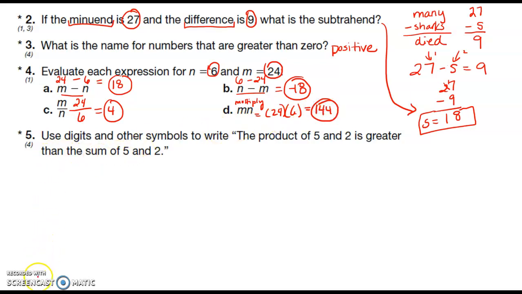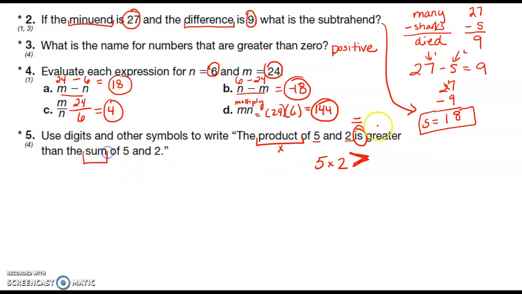All right, number 5. Use digits and other symbols to write the product, so this is multiplication, of 5 and 2. So I have 5 times 2. Is mathematical language for equals. So is greater than, is greater than. So this is going to be, the monster's going to eat this one instead of the other one.